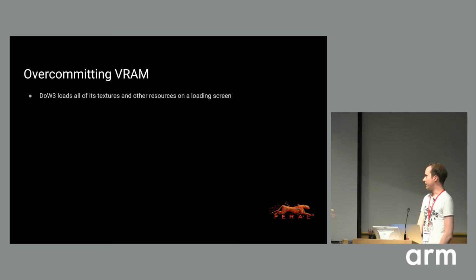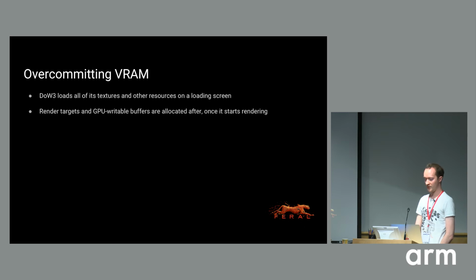Dawn of War 3 loads all of its textures and other resources on a loading screen when you're loading into a level, in this case the benchmark, before the game has even started rendering at all. Only after the loading is complete does it allocate render targets, storage buffers, etc., once it's actually starting to render the game.